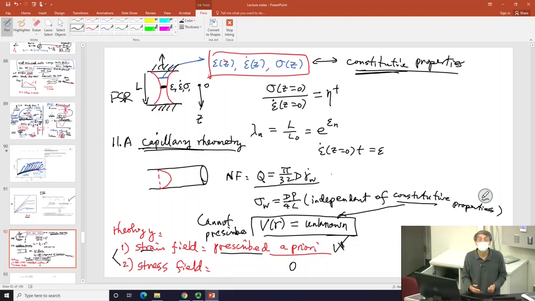So it's a bad rheometer, capillary. Okay? Just keep in mind, it's a bad rheometer. By definition, because you cannot tell what the strain field is inside. Yet, the reason you cannot is because you don't know the constitutive relationship. Yet, the constitutive relationship is what you want to know. So you see this logical, insolvable case. Okay?